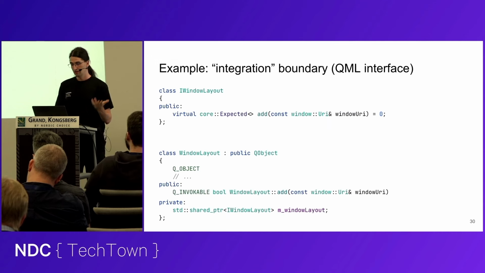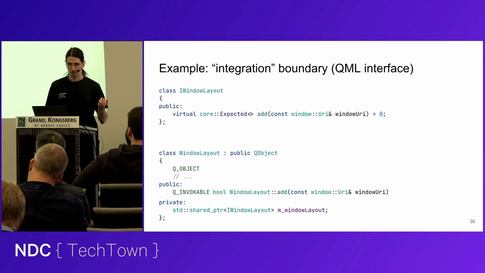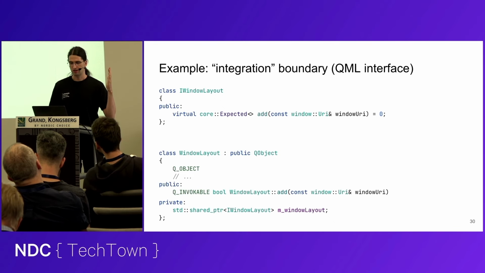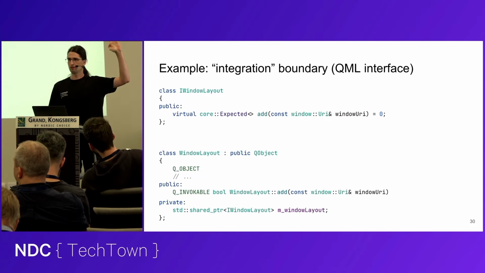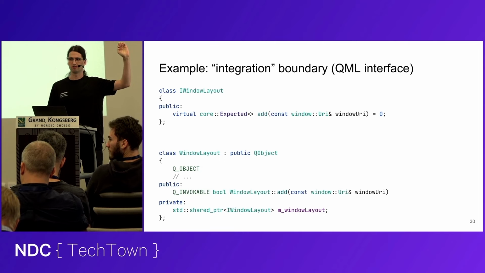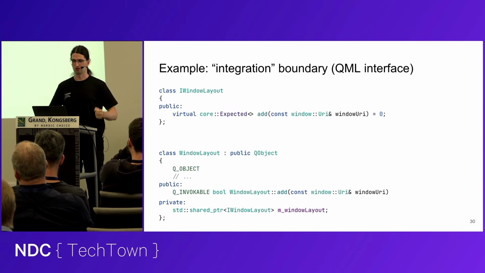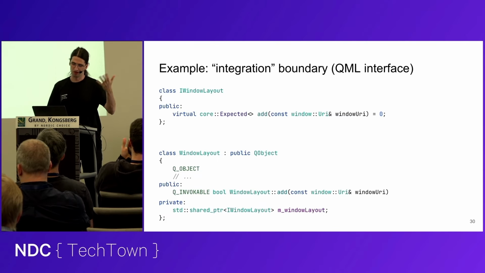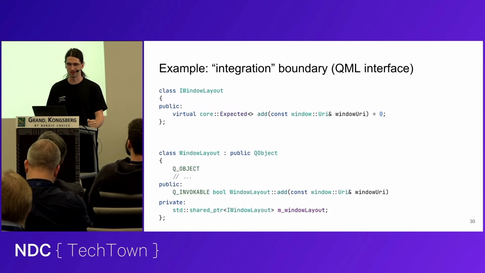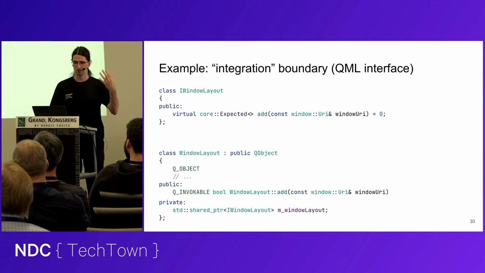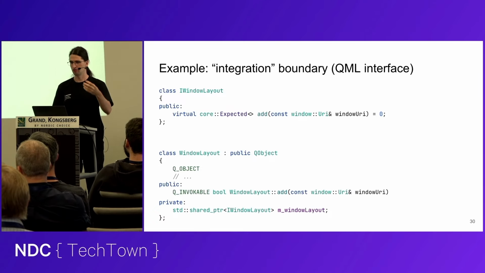The example of an integration boundary can be a UI interface. Are you familiar with Qt QML? So great. Qt QML is used to write UI in C++, or mostly in QML, which is a different language. So imagine I want to expose something, like I have a window layout thing to manipulate windows.